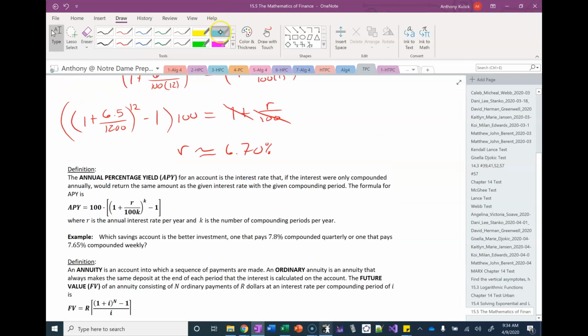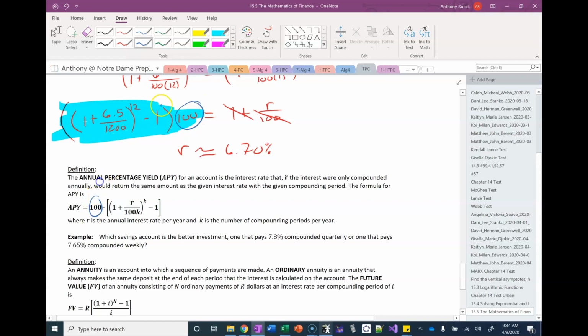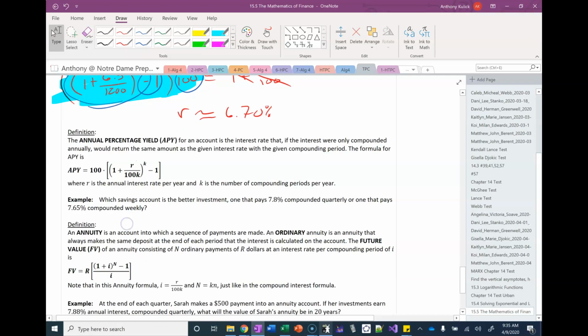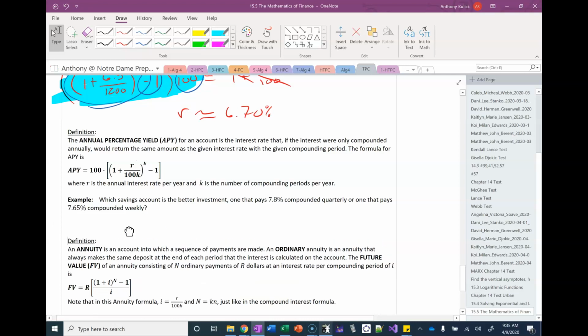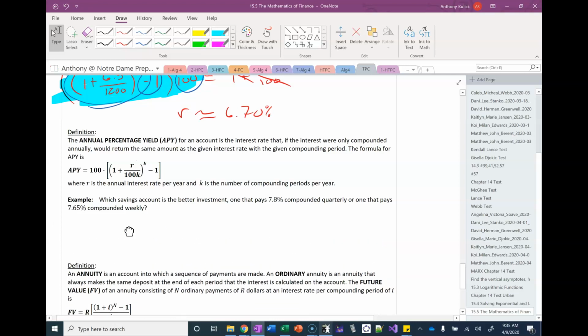If we look at what we have here, we have the 100, the minus 1, and then the 1 plus R over 100K to the K. So it's the exact same thing that we just did. Rather than going through that whole process, we can just use this much simplified formula.